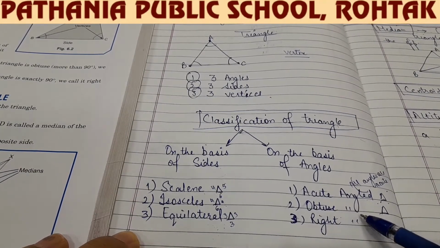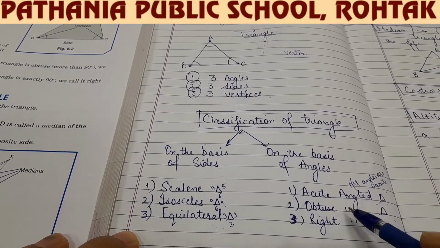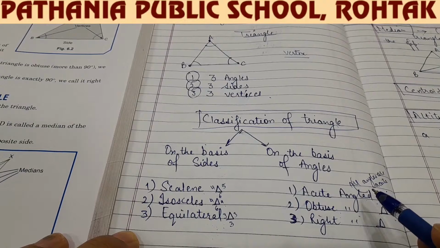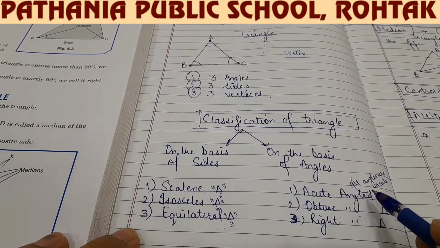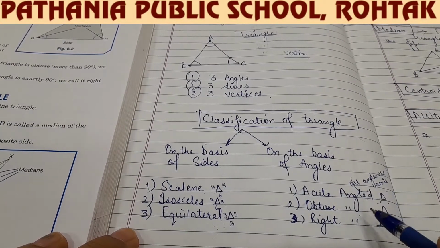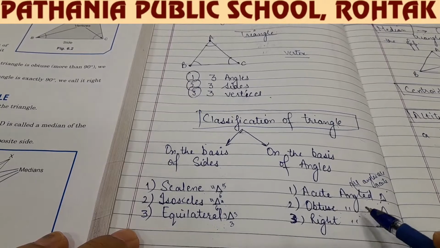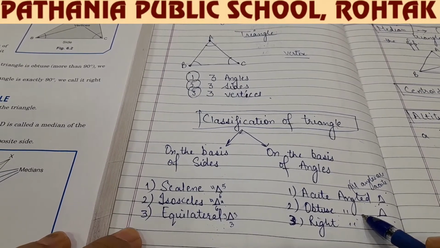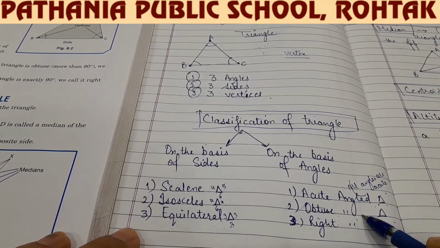Now the obtuse angle triangle, that is, one angle is obtuse. In a triangle, one angle is obtuse. Now what is obtuse? An obtuse angle is that which is more than 90 but less than 180.